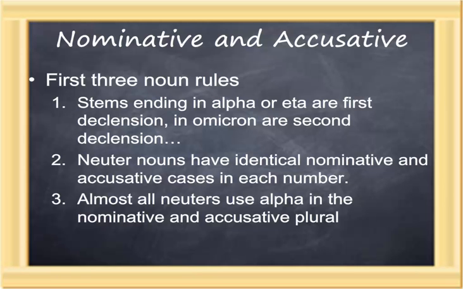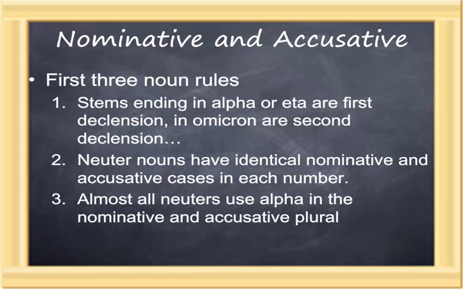I hope you're beginning to see some patterns emerging as we work with nouns. There are two ways one can approach Greek. One is to memorize each form by rote. The other is to look for rules or patterns. In our work with the basics of Biblical Greek in this course, we'll focus on the patterns, because the patterns can help us remember the forms much more easily. So, some rules to pick up from these lessons.